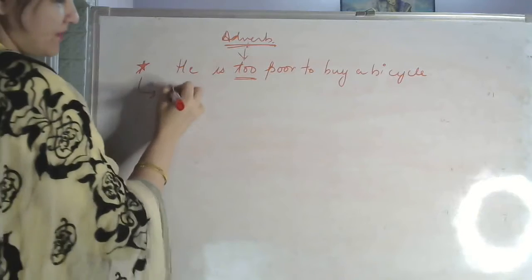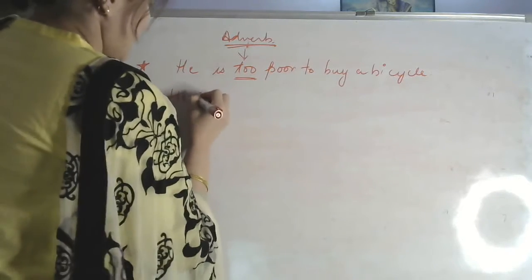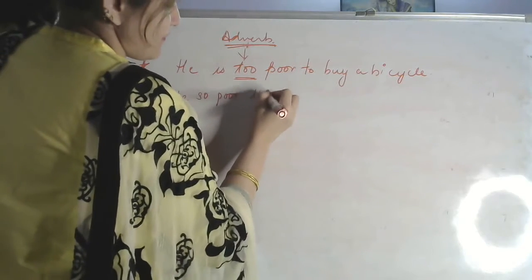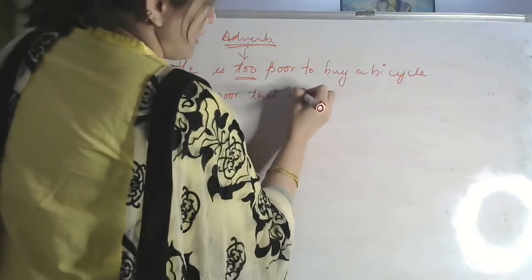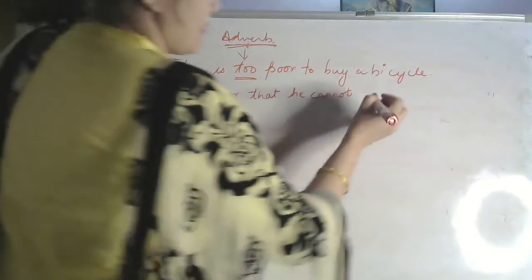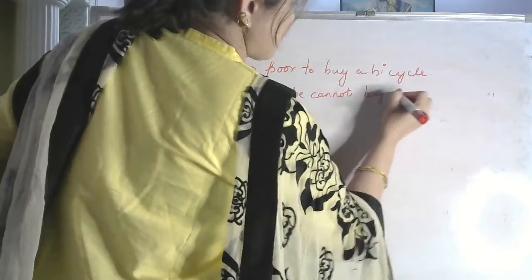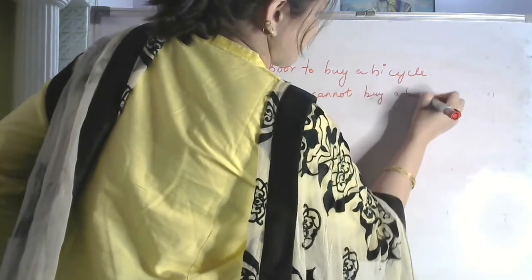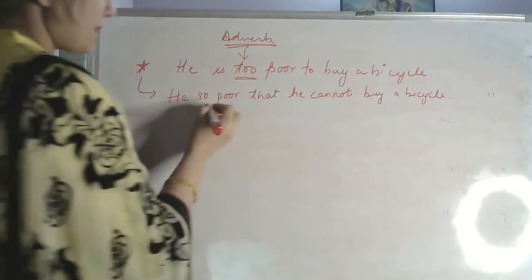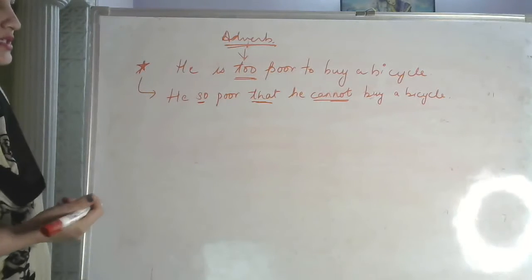We'll change it. He is too poor means he's so poor, okay? He's so poor that he cannot, we'll put a negative, that he cannot buy a bicycle. Right? So he's so poor that he cannot buy a bicycle. This is how you'll be changing it.